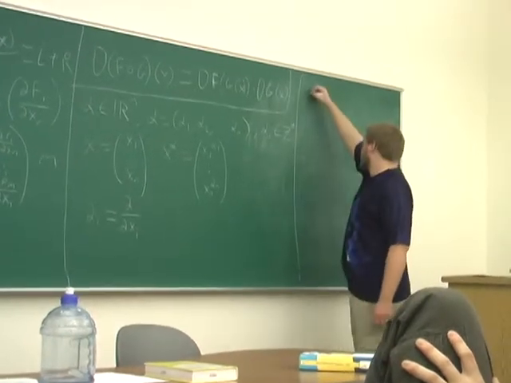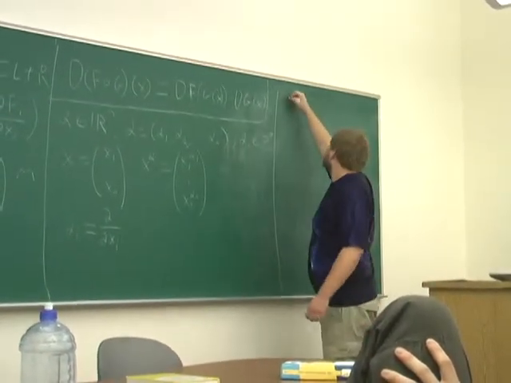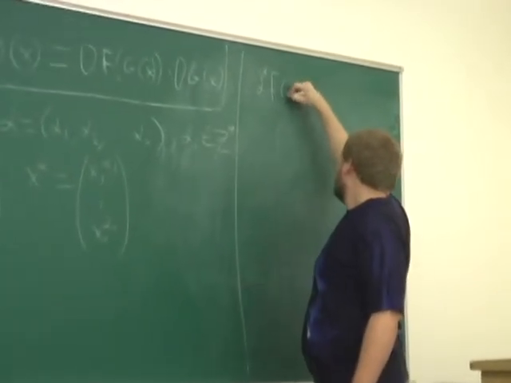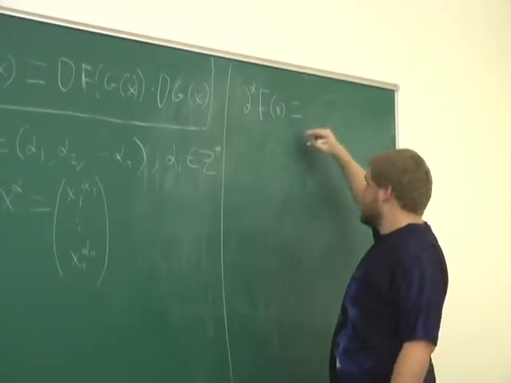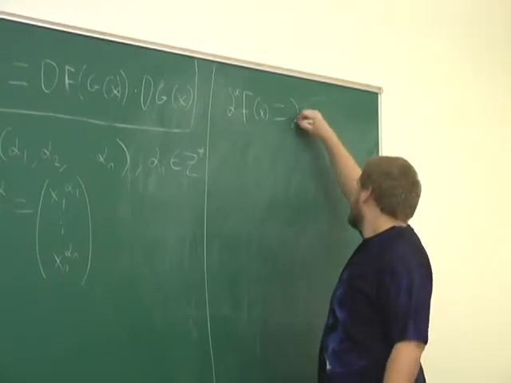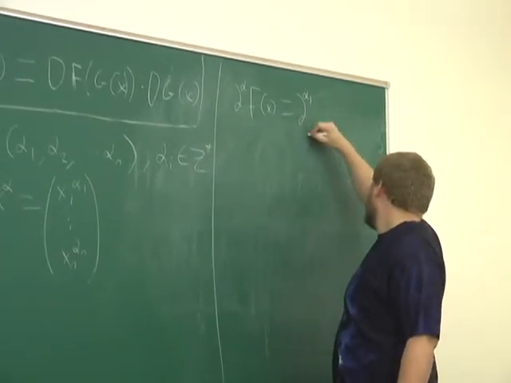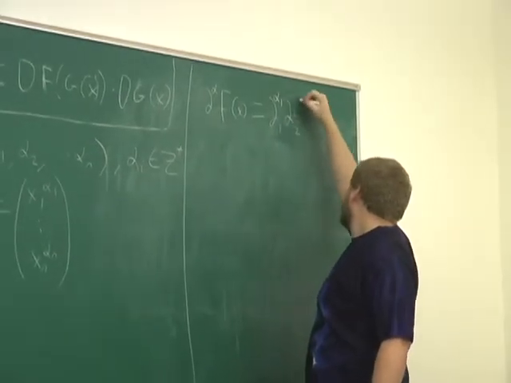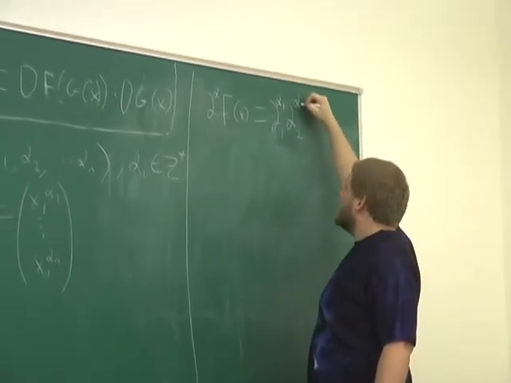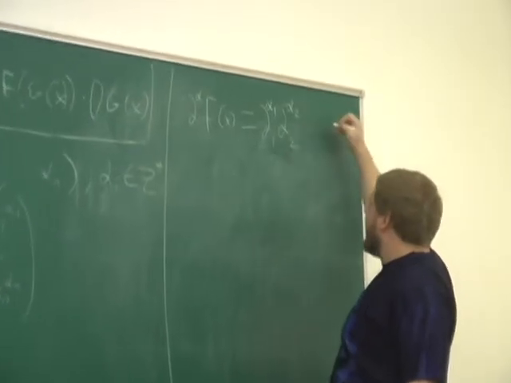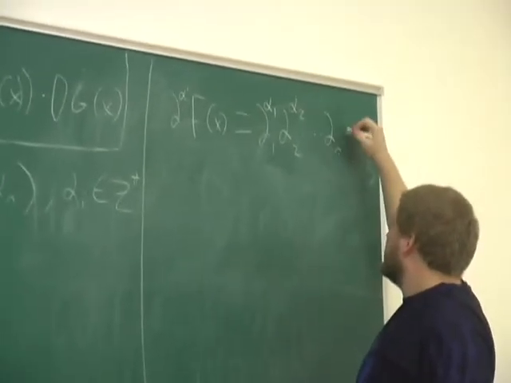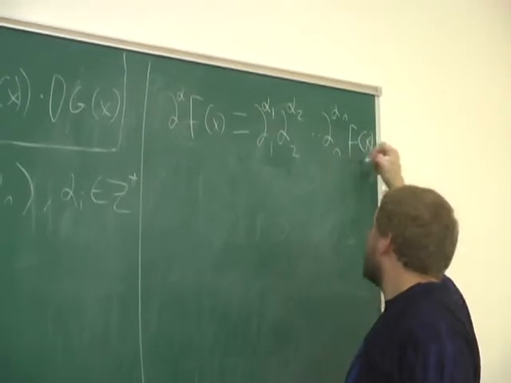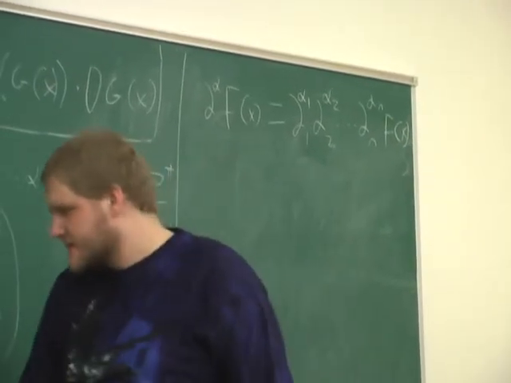what we do is we talk about the derivative of this f, and this is equal to each of these derivatives, an alpha i derivative of each of the i independent components, which we can write just as this.